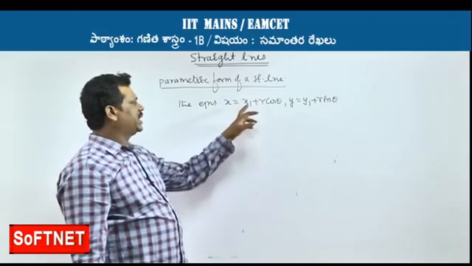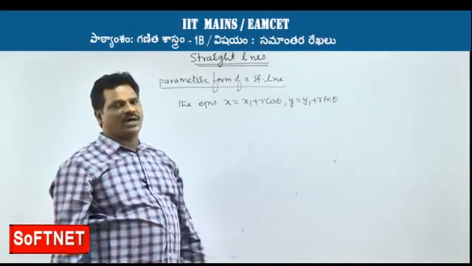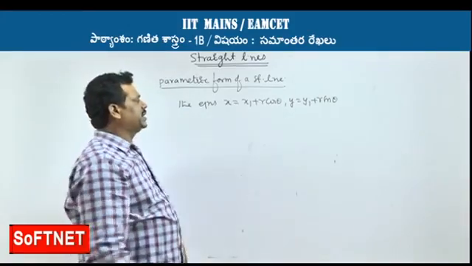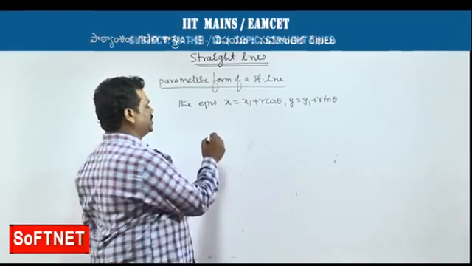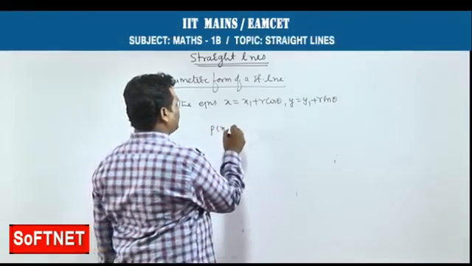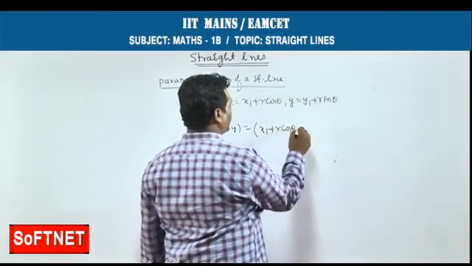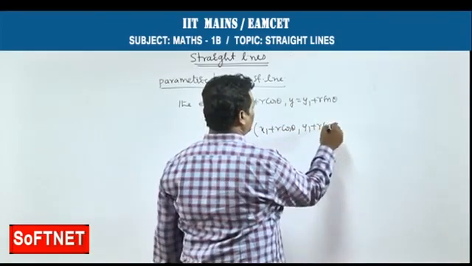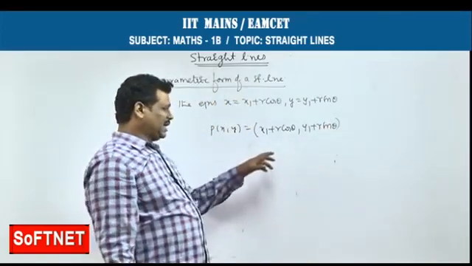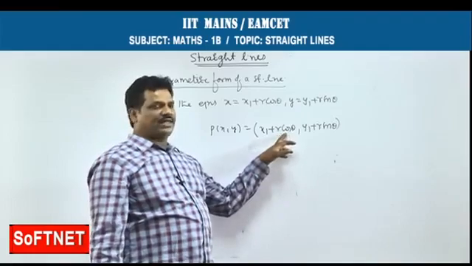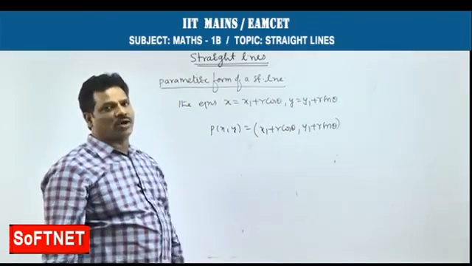Then x equal to x1 plus r cos theta and y equal to y1 plus r sin theta are called the parametric equations of the straight line. So P of x comma y is equal to x1 plus r cos theta comma y1 plus r sin theta, where theta is the angle made by the straight line with the positive direction of the x-axis, x1 y1 is the given point and r is a parameter.